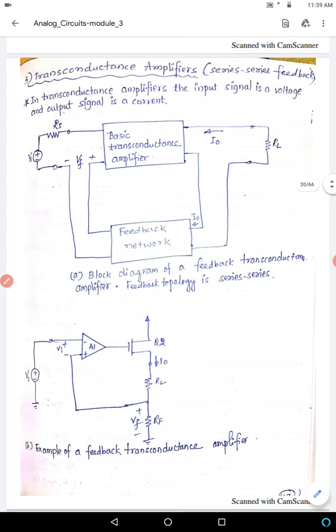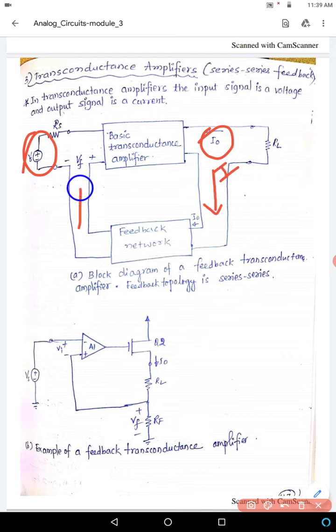Here the output parameter is current, and the input parameter we are providing is voltage Vs. Hence it is called a transconductance amplifier, and also a current series amplifier, because output will be taken as current and we are providing the input in series. Just remember series feedback, or else it is called a transconductance amplifier.